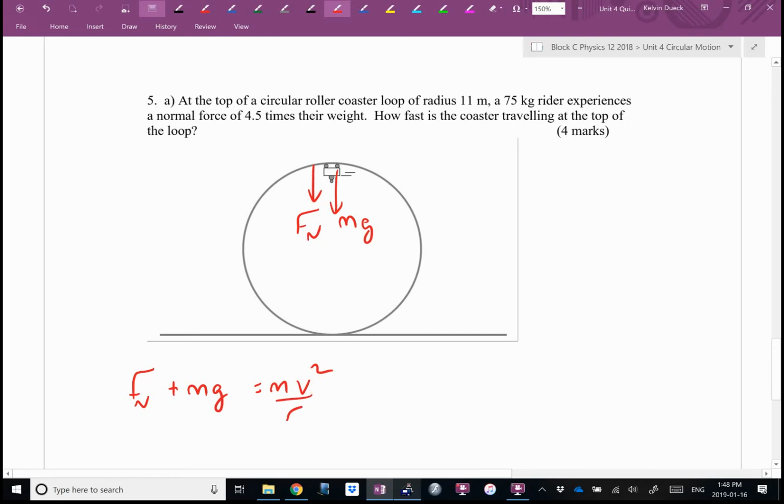I don't know the normal force. Or do I? Experiences a normal force of 4.5 times their weight. When I say weight, what do I mean by weight? mg.